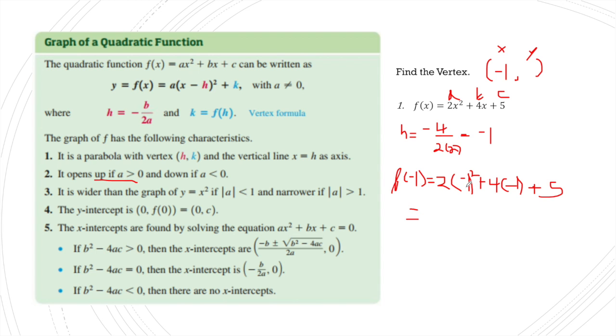That means I have 2 times negative 1 squared. Negative 1 squared is just 1, so 2 times 1 is 2. 4 times a negative 1 is going to give me a negative 4, and then I have a positive 5. So 2 minus 4 is negative 2, plus 5 is going to give me a positive 3. So I have that my vertex is when x is negative 1 and y is 3.